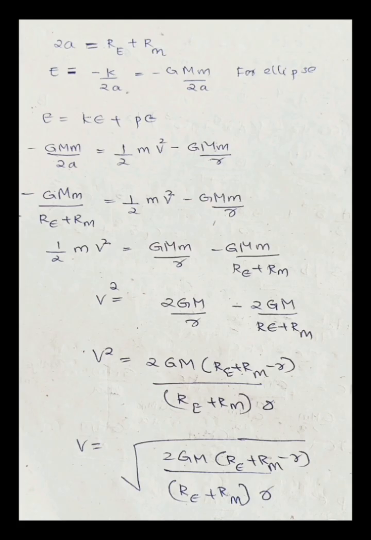That is half mv square is equal to GMm by r minus GMm by (RE plus RM), that is v square is equal to 2GM by r minus 2GM by (RE plus RM), that is v square is equal to 2GM into (RE plus RM minus r) divided by (RE plus RM) into r. That is v is equal to square root over 2GM into (RE plus RM minus r) divided by (RE plus RM) into r. So this is the answer.